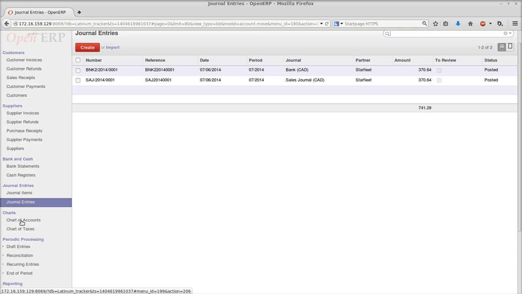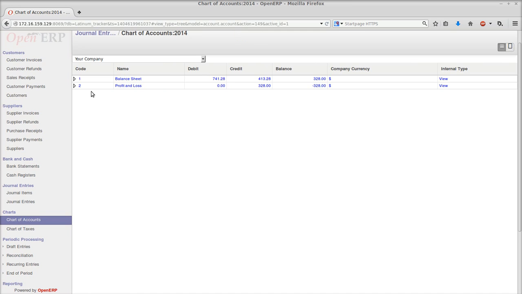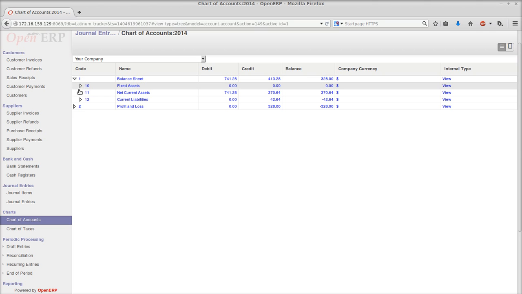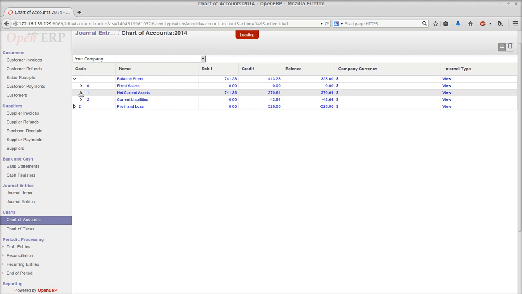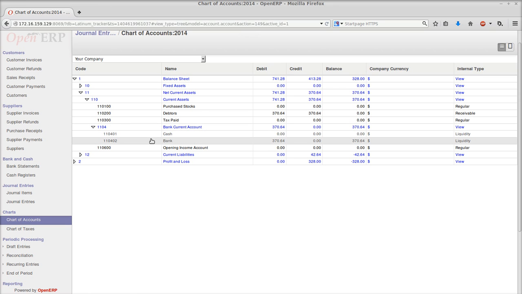the chart of accounts, I believe this is where it showed it as an accounts receivable. Yeah, debtors 370.